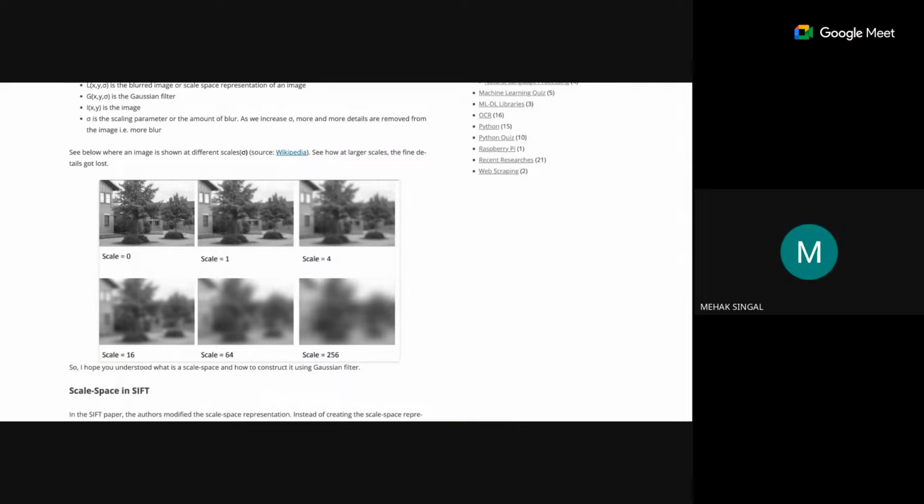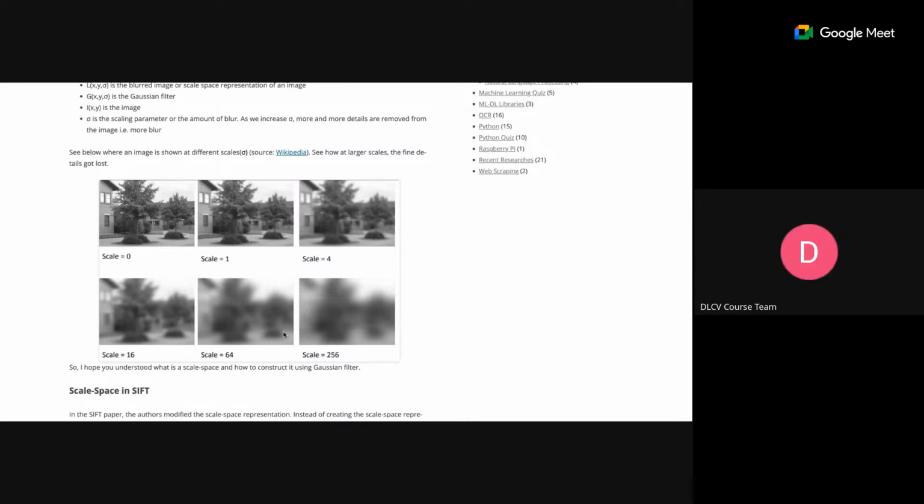So why does blurring help in this process? What you are trying to do is, you don't want your features to change because of scaling, right? Correct.